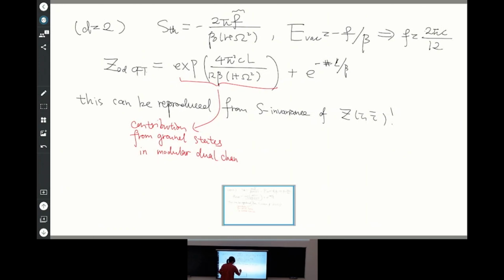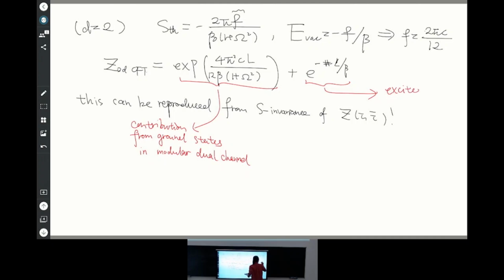On the other hand, all these non-perturbative corrections are coming from the excited states in the modular dual channel.